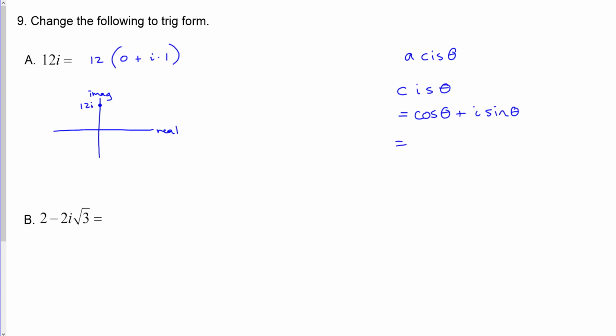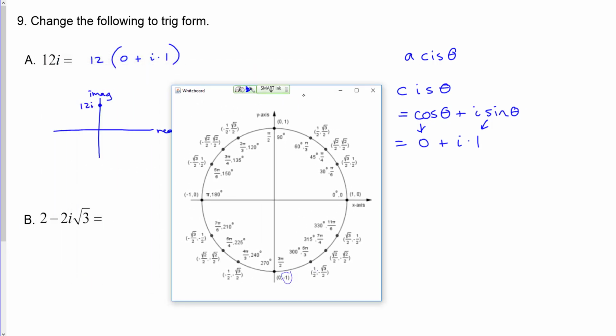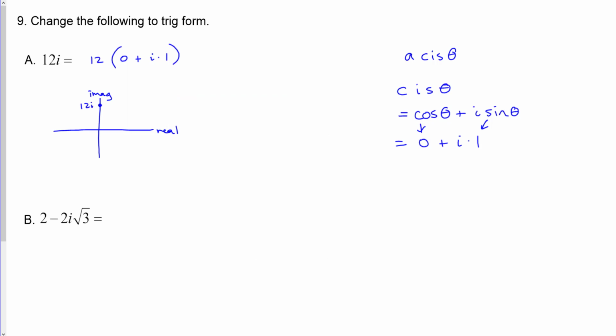So if I have 0 plus I times 1, then I'm looking for the point where sine is 1 and cosine is 0. And if you look at your unit circle, cosine is 0, sine is 1 at 90 degrees. So this is going to be the same thing as 12 CIS 90 degrees. Now I've changed it into trig form.